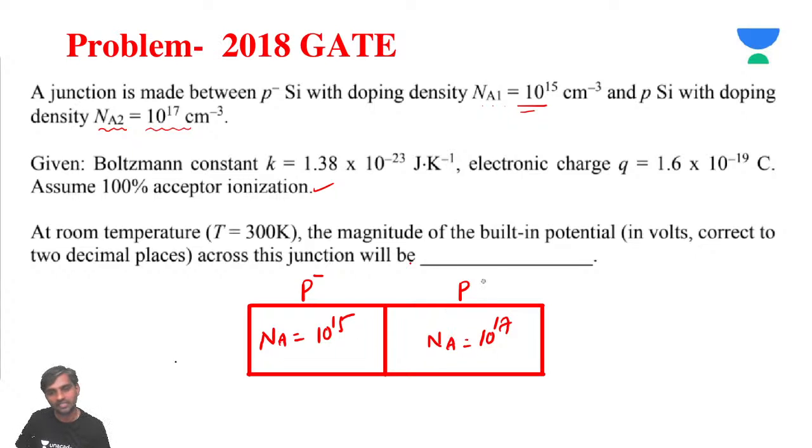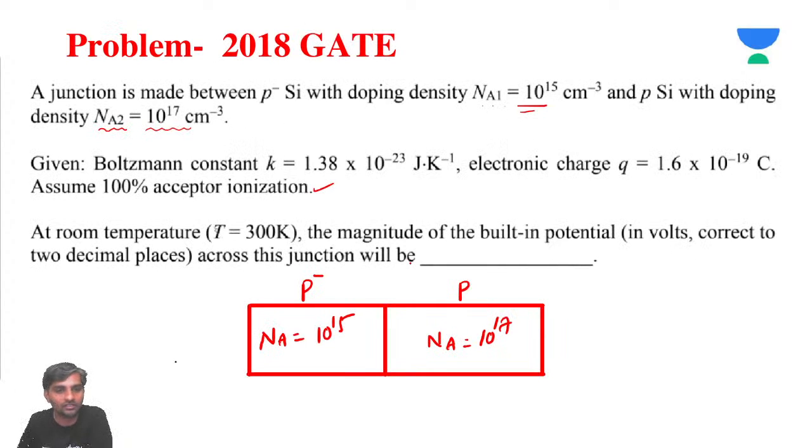So this has a high concentration of acceptors compared with P minus. And he's asking for the built-in potential V0. Simple, sir. You need not worry. I'll explain to you.